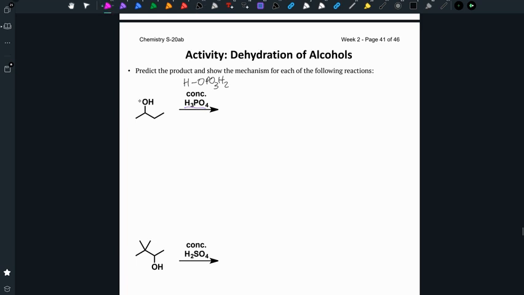Okay, hopefully you've drawn out these mechanisms, and now I'm going to draw them out. First step is always going to be protonate from my acid. If you just had H plus written here as your source of acid, that would be fine as well. Your first step is going to be to protonate. That gives me a good leaving group. That good leaving group then at some point is going to leave on its own.